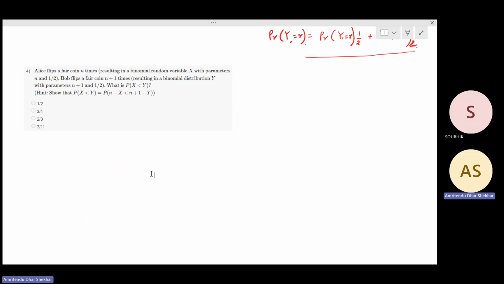Similarly, y computes the number of heads that Bob gets when he flips the coin n plus one times. So x is a binomial random variable with parameters n and half. Y is also a binomial random variable with parameters n plus 1 and half.